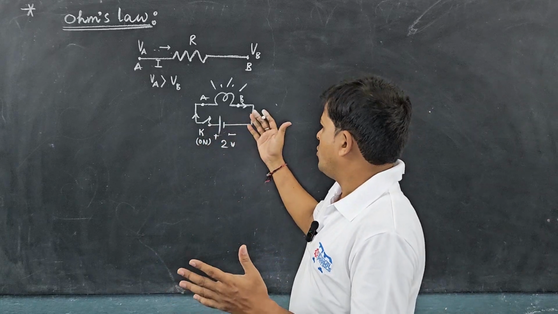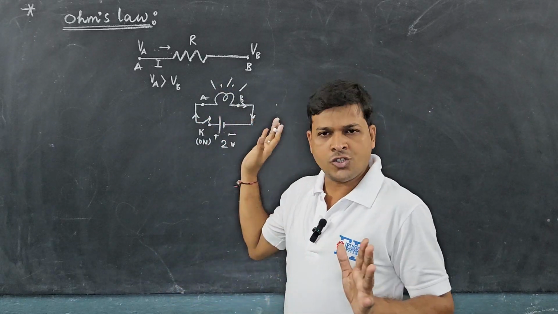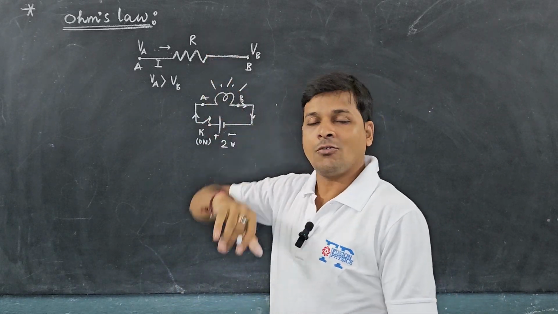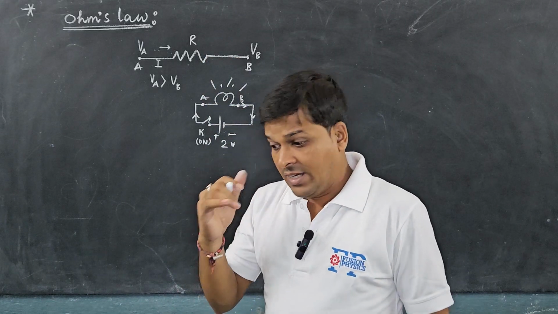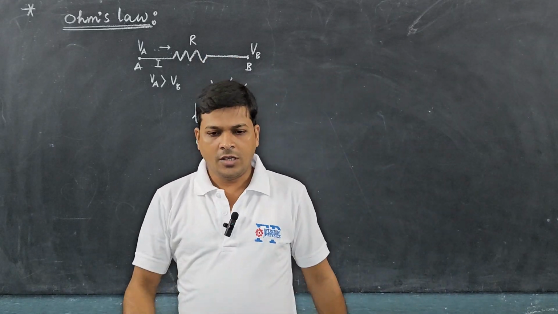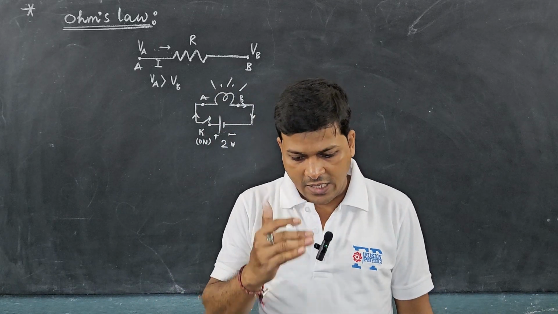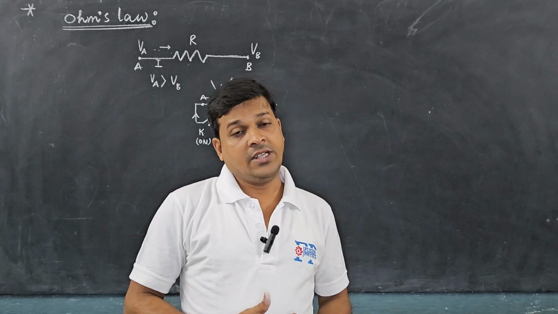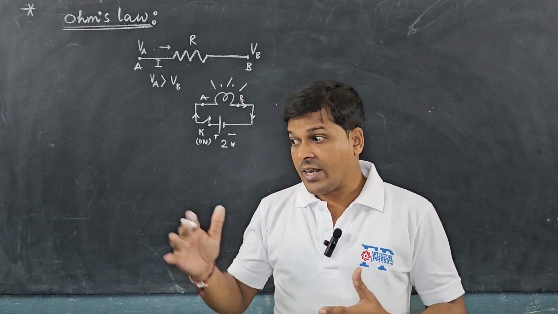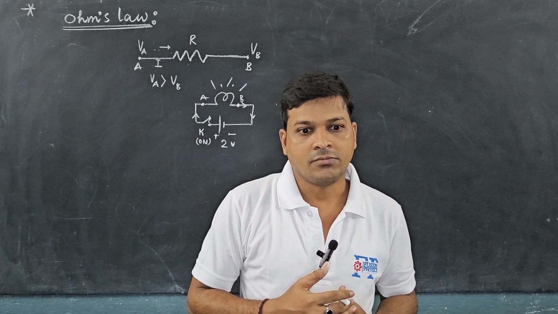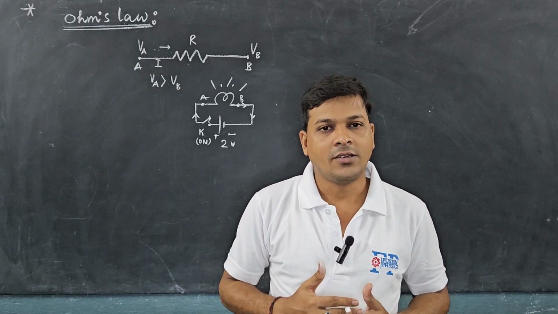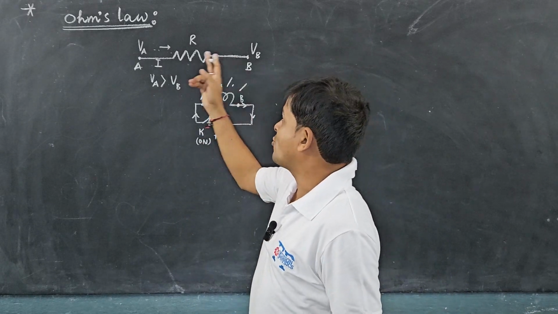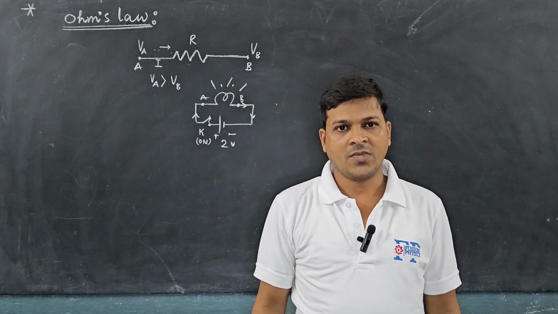Here other conditions remain constant. So this is Ohm's law. It states that if the temperature and other physical conditions remain constant, then the electric current flowing through the conductor is directly proportional to the potential difference across the two ends of the conductor.